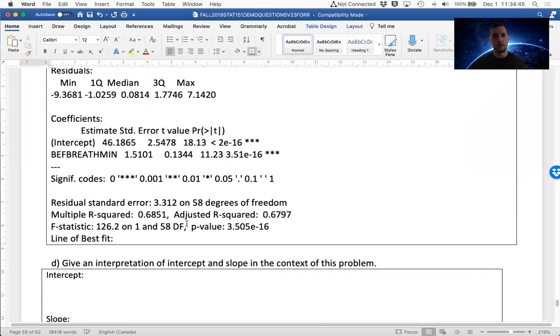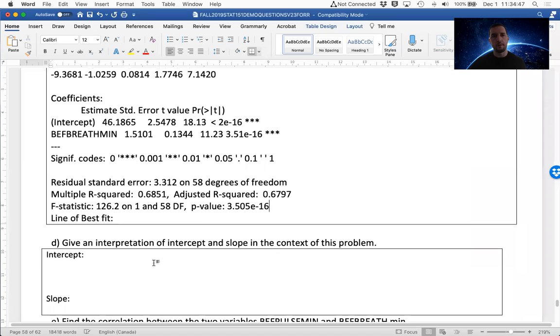Okay, so the intercept is the first value here. B0 is equal to 46.1865. And then the slope is the second value here, 1.5101.